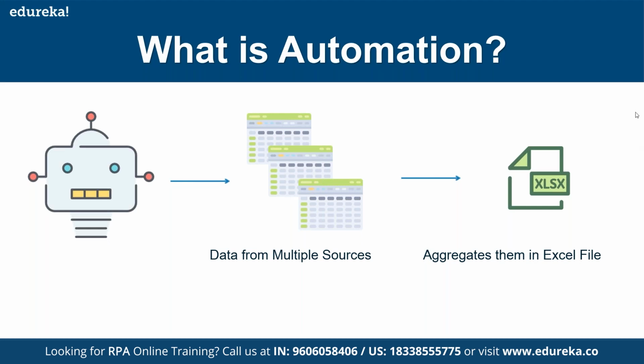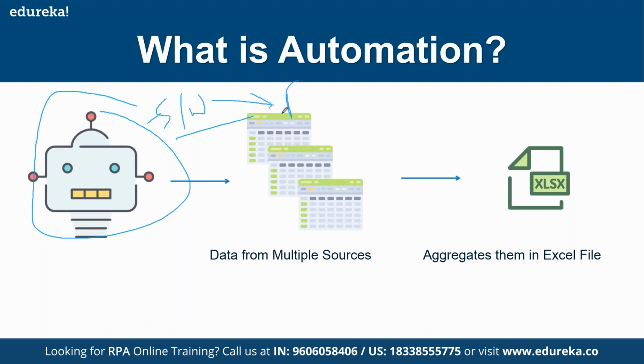Generally this machine is a software, and that software we call a robot. If you abbreviate RPA, it stands for Robotic Process Automation. The first word is robotic, so the robot is a software.